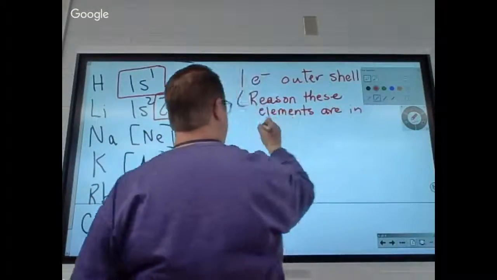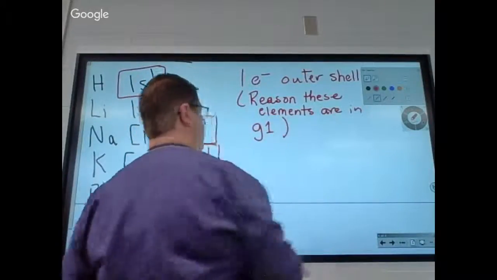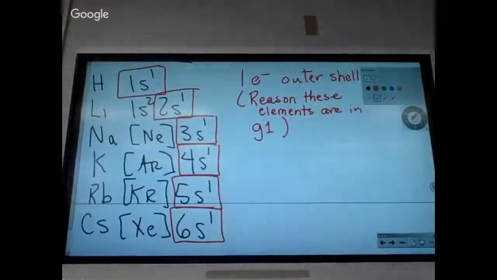Now, when I write G1, I mean group 1. Okay? Because I'm not going to write group out all the time. All of those elements are in group 1 because they all end on S1, or they have 1 electron in the outer shell. They can't be placed anywhere else on the periodic table because they have 1 electron in the outer shell.